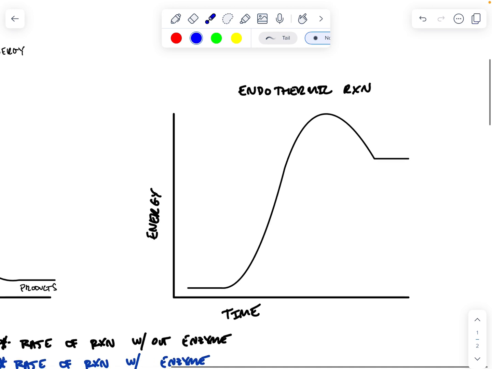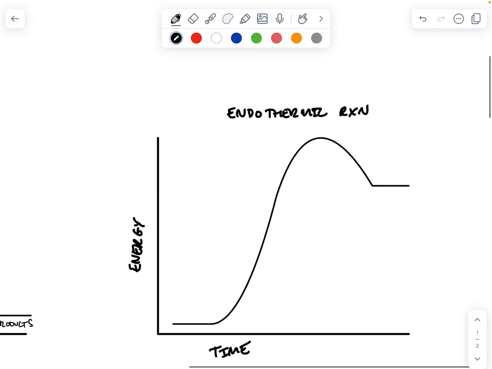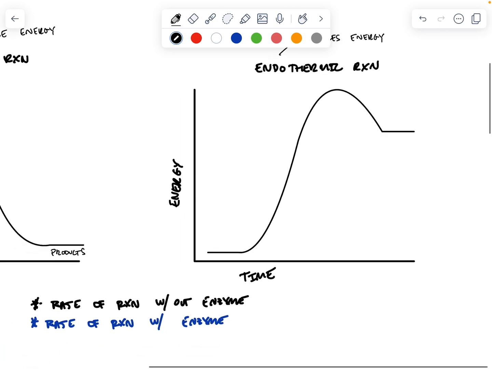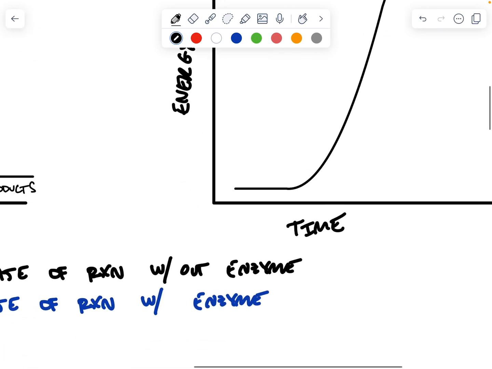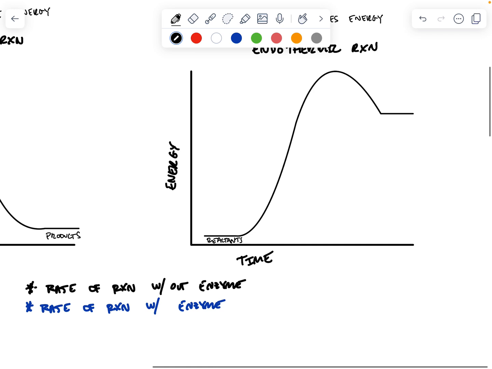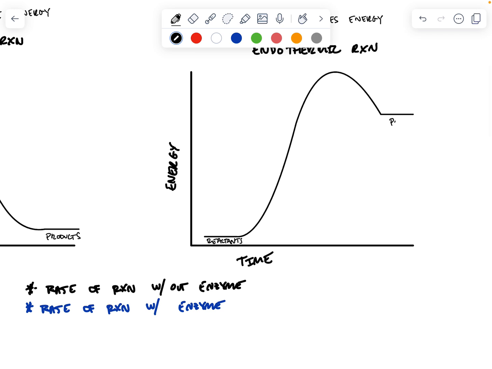In an endothermic reaction, this type of reaction requires energy. So when we look at the energy of the reactants, and we compare it to the energy of the products, we see the difference between them.